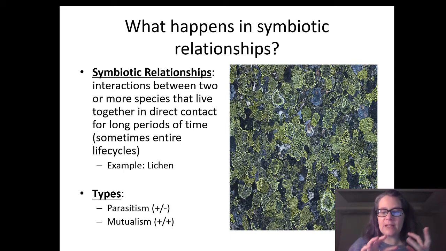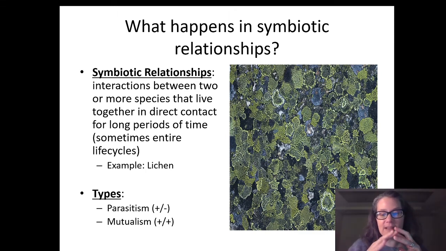Within symbiosis, there's a couple of big types that we see: parasitism and mutualism. Parasitism I show as a plus minus. This is where a parasite steals some energy from a host organism. This can be ticks or malaria, lots of different parasitic worms that we see within communities.